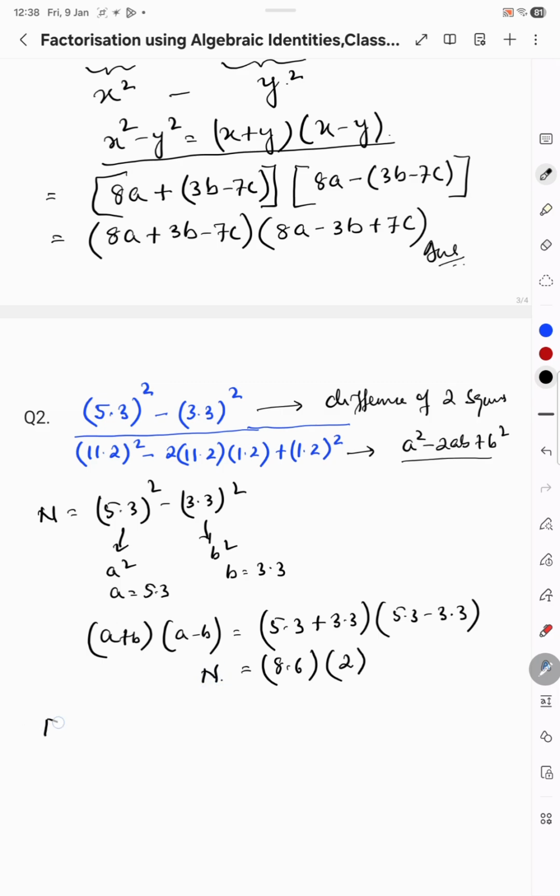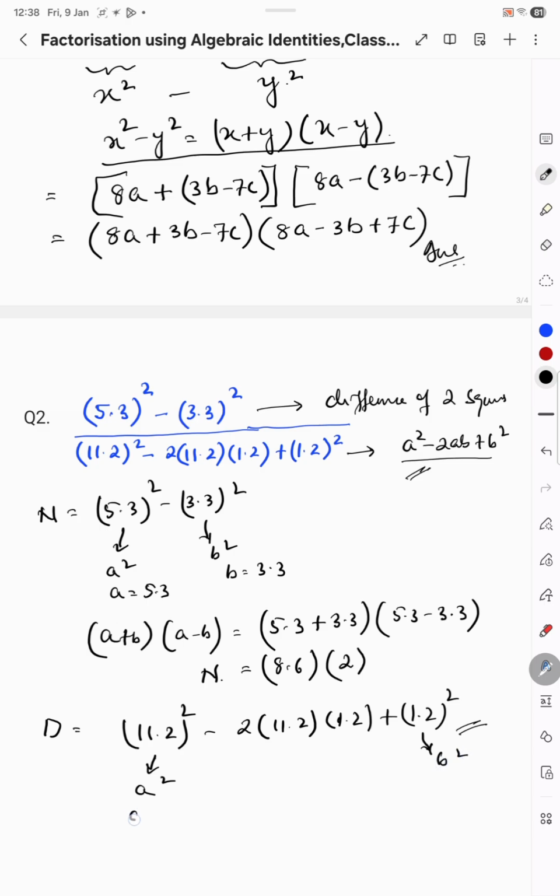Now let us come to the denominator. So denominator is what? 11.2 whole square minus 2 into 11.2 into 1.2 plus 1.2 whole square. So this we are going to match with this part. So this can be my A square, this can be my B square. So A will be 11.2, B will be 1.2.